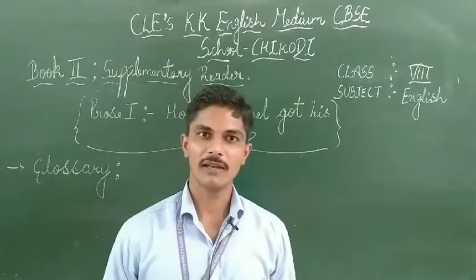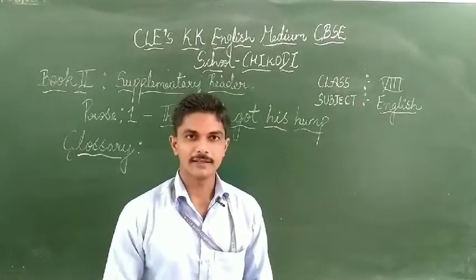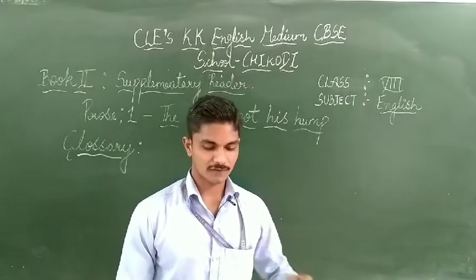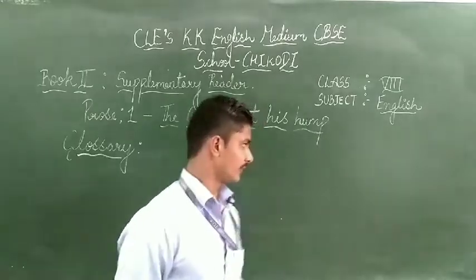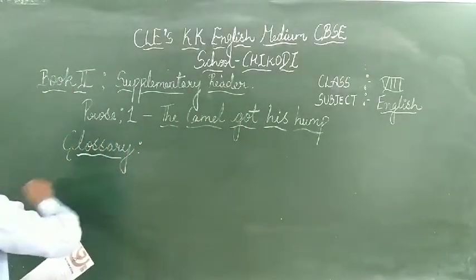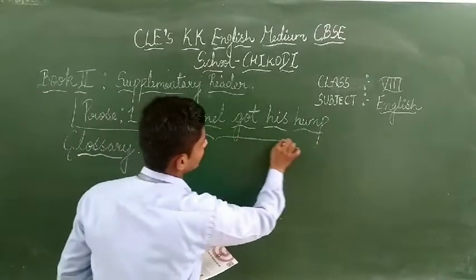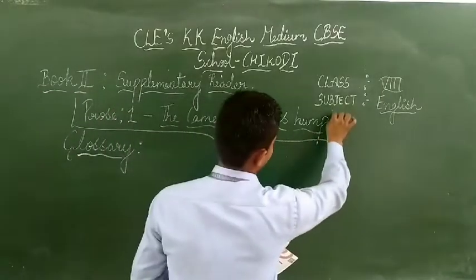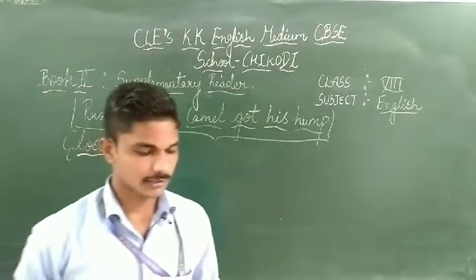So let's begin with the first paragraph of the lesson, How the Camel Got His Hump. This is the first prose we have, and we are going to discuss it.